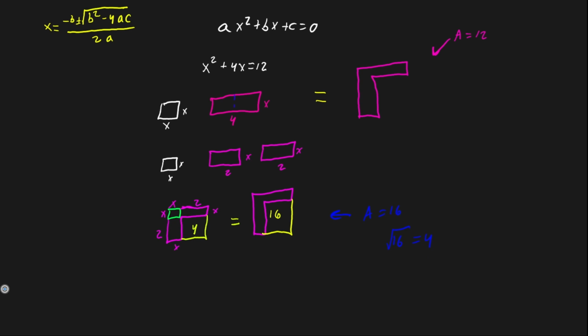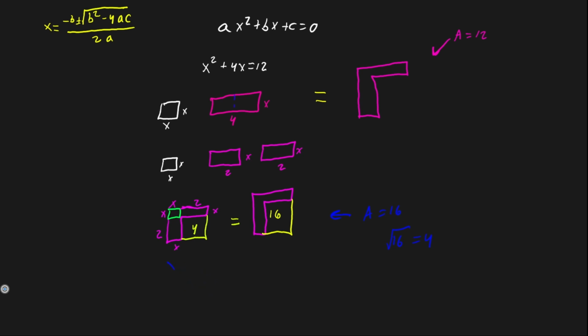So that means that the square root of the square on the right is 4, meaning that we have x plus 2 is equal to 4. And we're going to subtract 2, and we get x is equal to 2, because 4 minus 2 is 2.